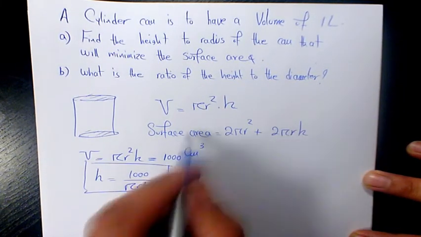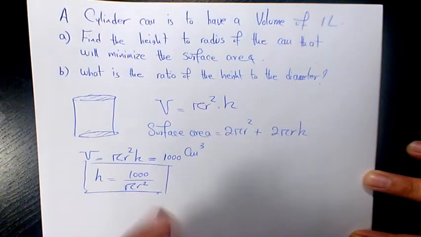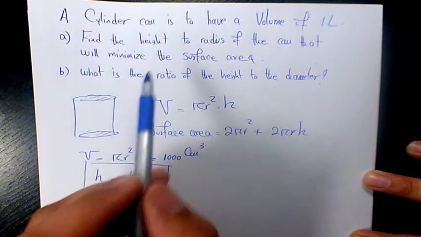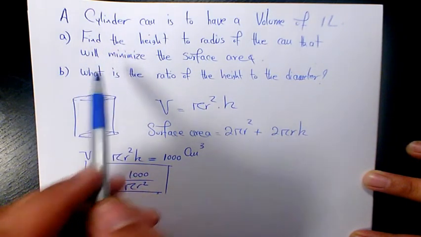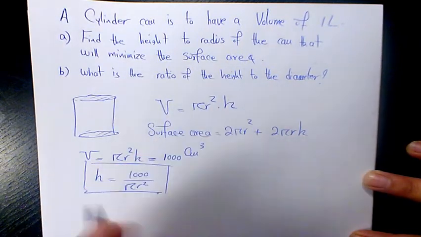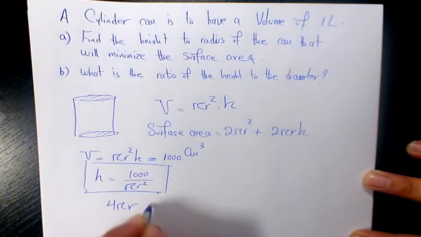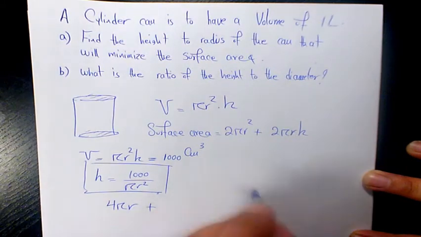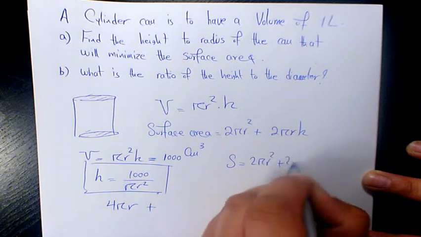So here we need to find the derivative of surface area with respect to r, because we need to minimize the surface area. So it's going to be 4 pi r plus, that's basically 2 pi r squared plus 2 pi r h.